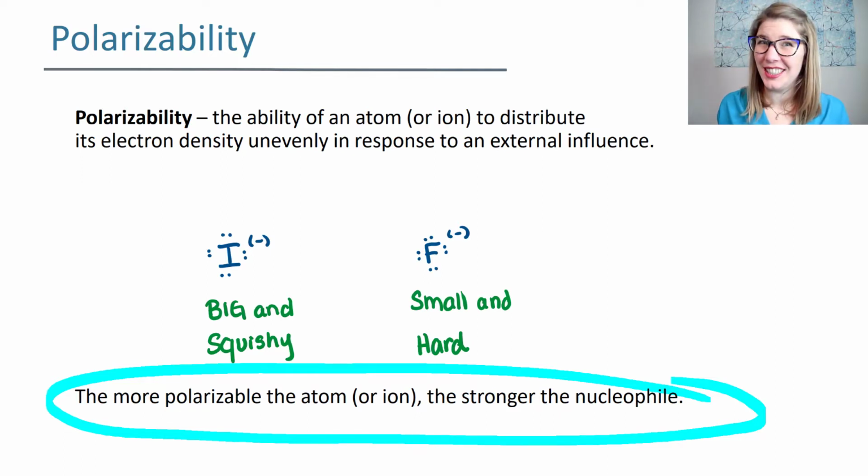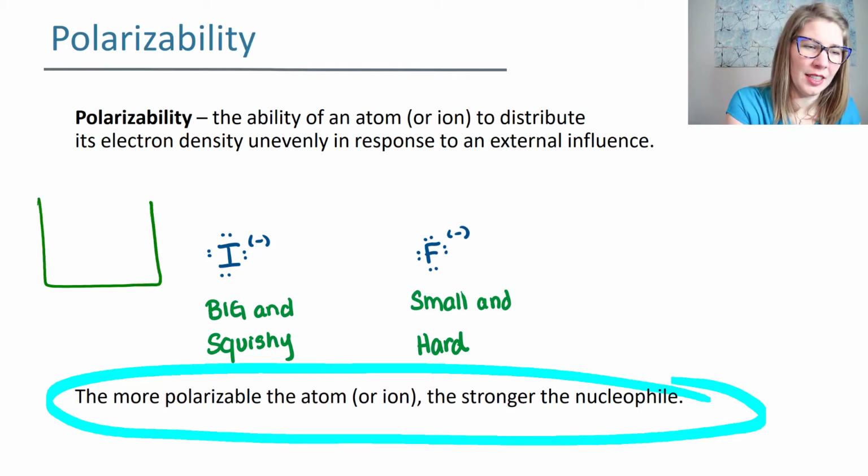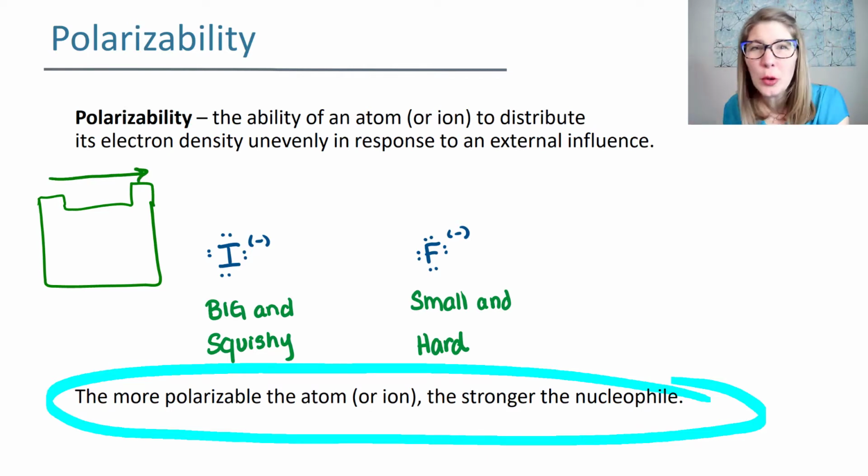but I'm not sure if you remember that as you go left to right across the periodic table, that things get smaller, right? So if we're looking at our periodic table and we're going this direction, fluoride is actually smaller than nitrogen, which is smaller than oxygen, which is smaller than carbon. That's counterintuitive, if you're forgetting about Z effective.